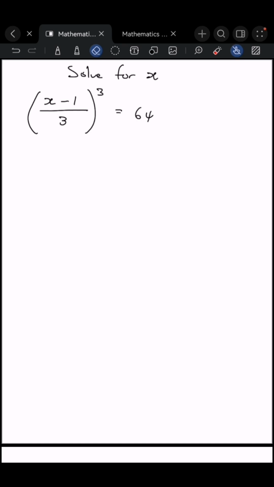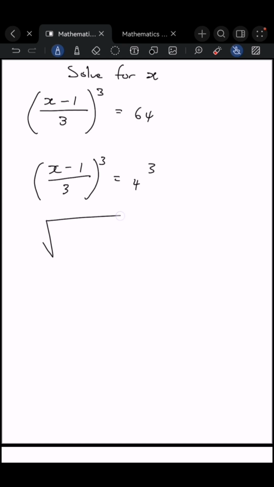Solve for x, where x minus 1 divided by 3, all raised to the power 3 is equal to 64. Solve for x. Okay. The way to go about it is going to say, alright, x minus 1 over 3, raised to the power 3 is equal to 4 raised to the power of 3, right? And then we say find the cube root of both sides.